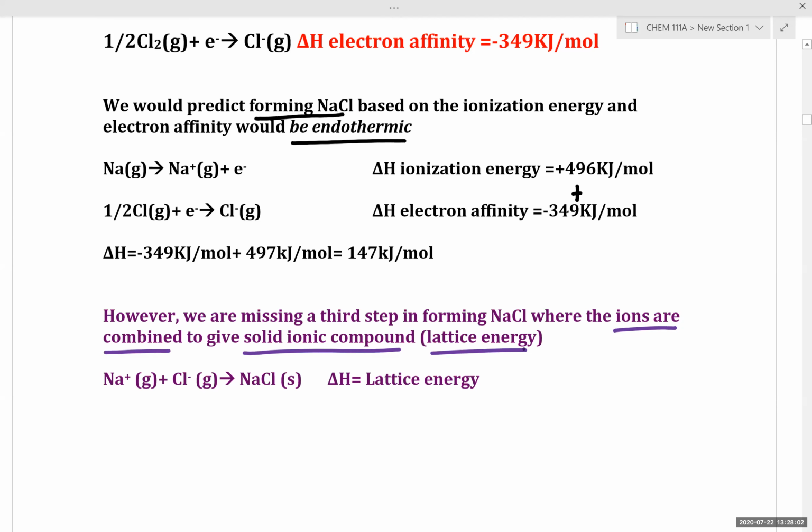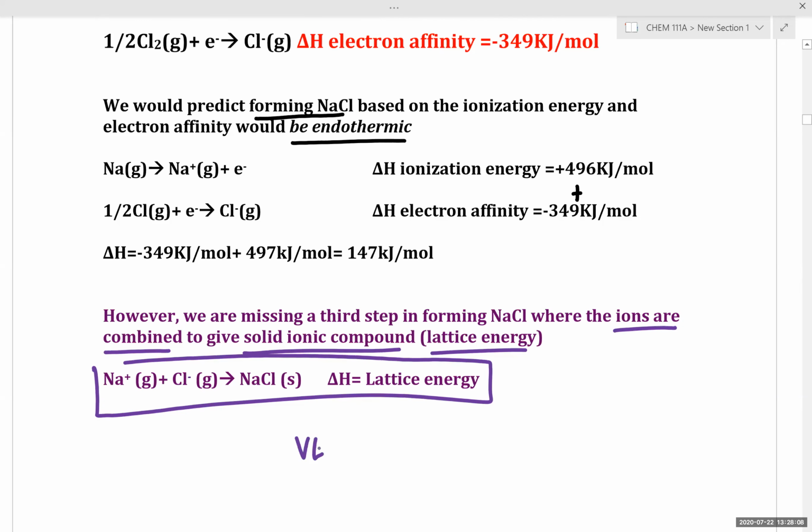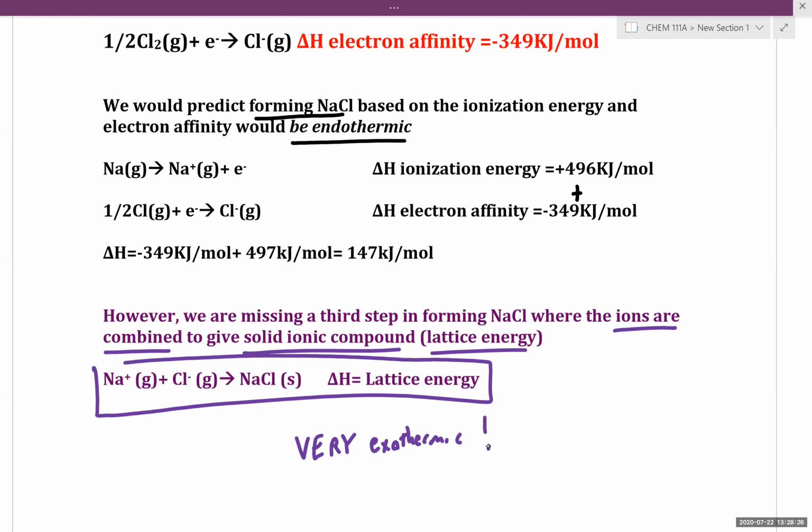And this is known as the lattice energy or lattice enthalpy. And this lattice energy or lattice enthalpy is very exothermic. And the combination of your ions to form an ionic compound is highly favorable by enthalpy.